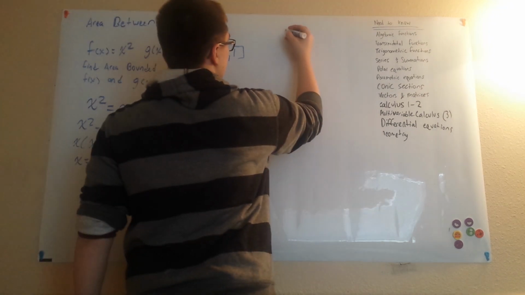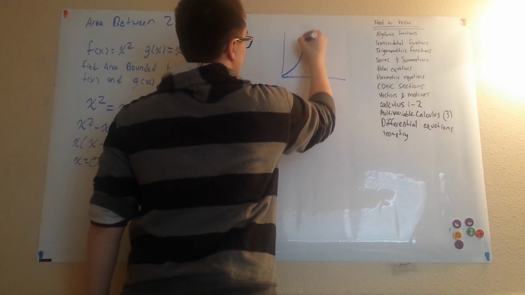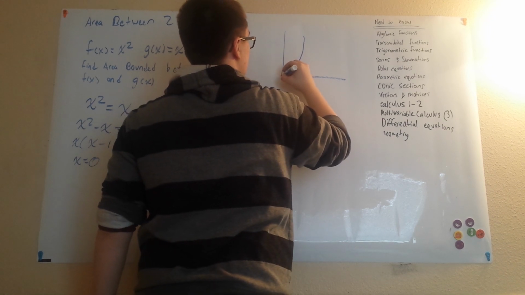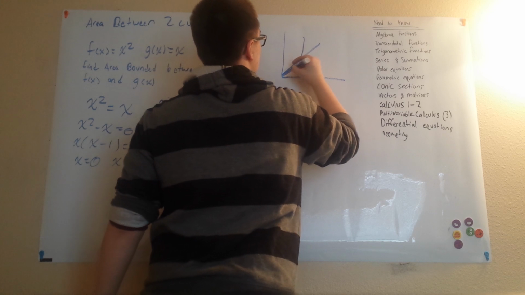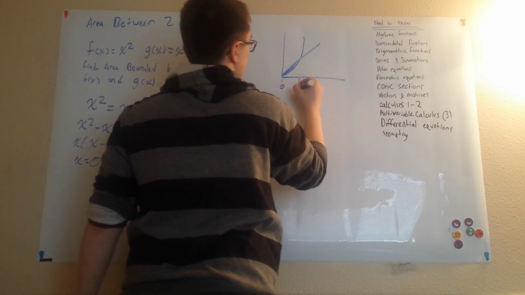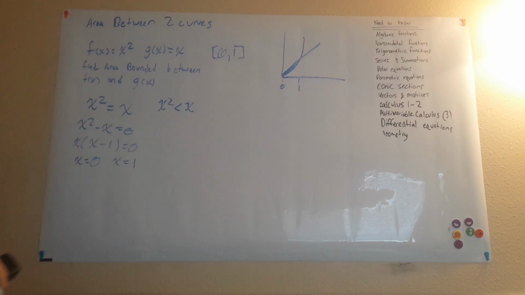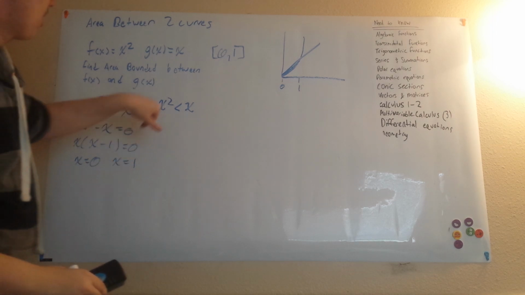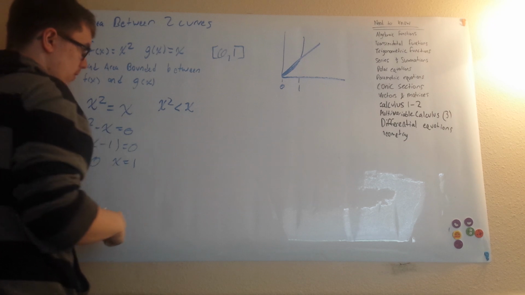If I look at the graph, this little area right here is from 0 to 1. So this is the upper function, this is the lower function.